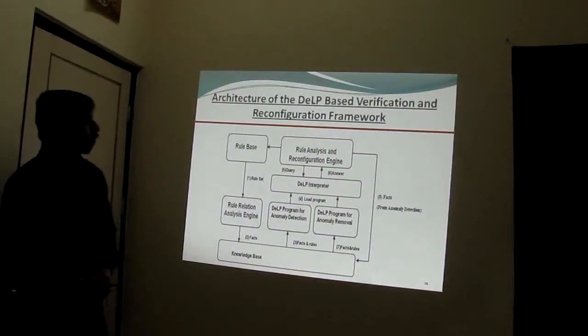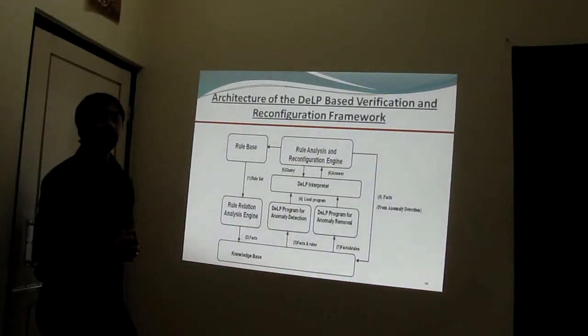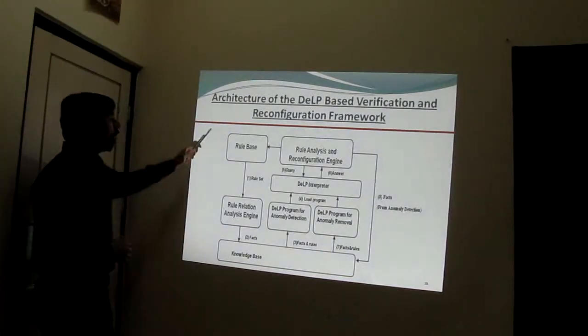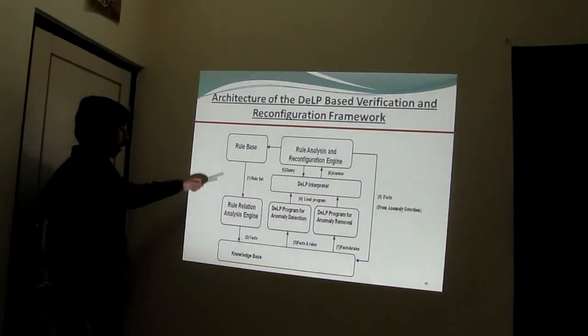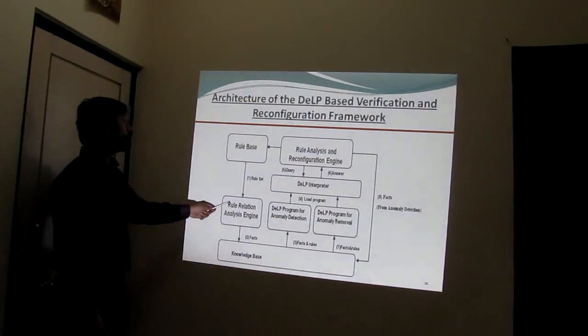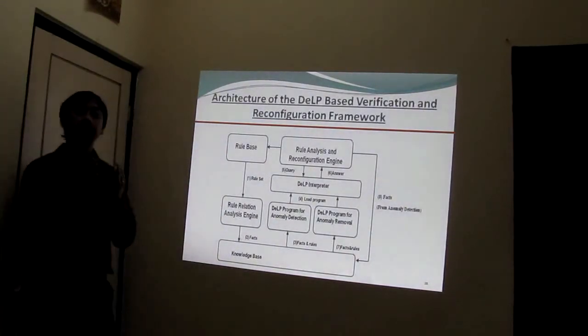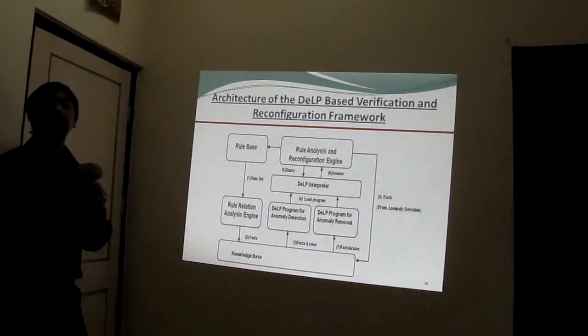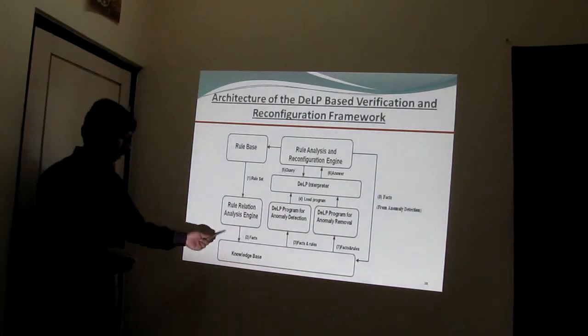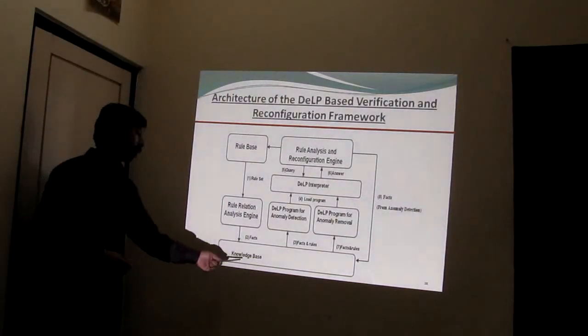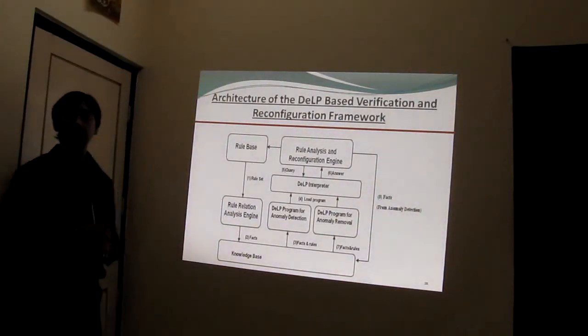So now we will see the architecture of my tool. We have a rule base with us. From the rule set, the rule relation analysis engine tries to determine the relationship between the different fields of the rules and generates facts, and we store the facts in the knowledge base.